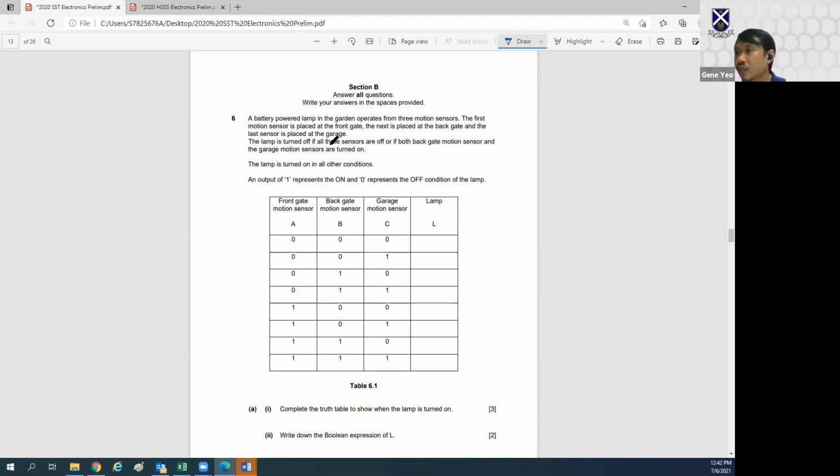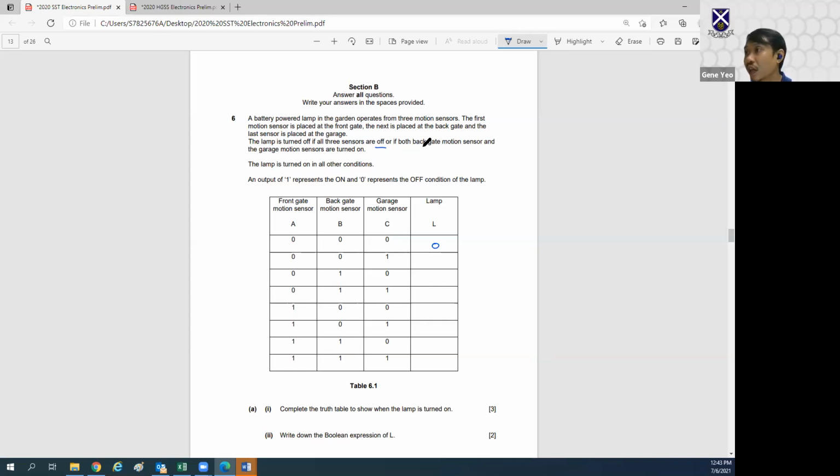So first, if all 3 sensors are off, I'm going to fill this up first. If all 3 are off, the lamp will be turned off, and that is the only time when all 3 are off.